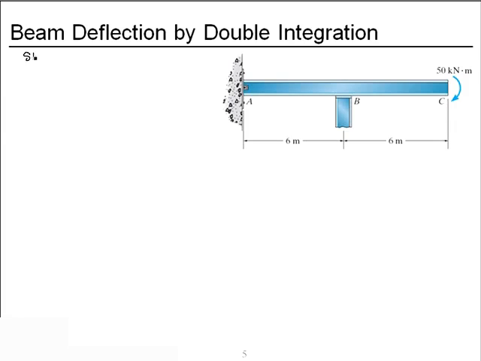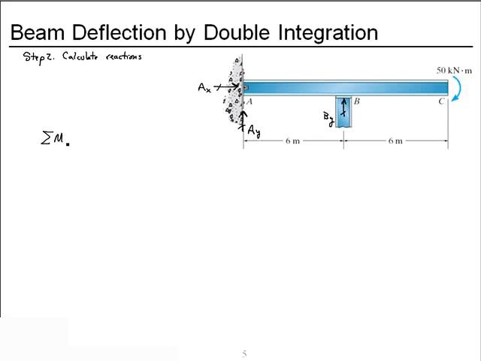Now let's calculate reactions, because we'll need those in order to construct our equations for moment. We'll have a vertical reaction AY, vertical reaction BY, and a horizontal reaction AX.